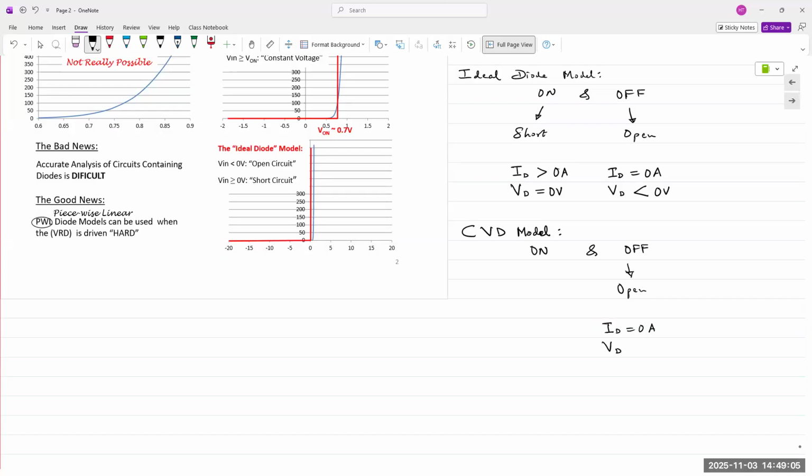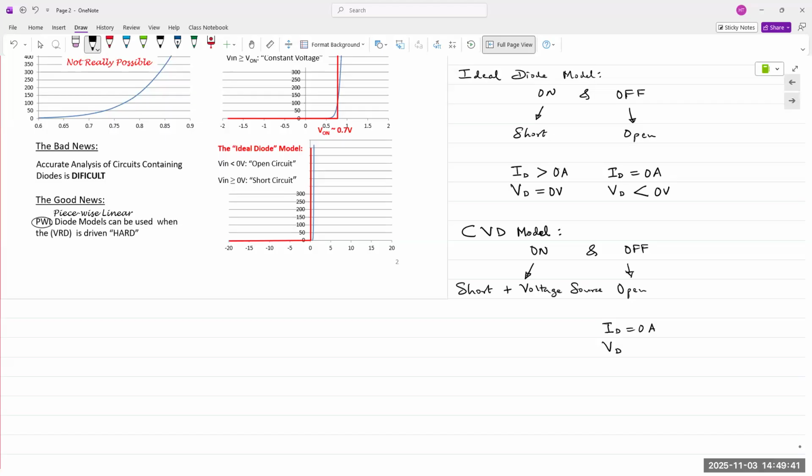However, in forward bias, it is modeled as a voltage source with a value equal to the diode turn-on voltage. So when it's on, it is replaced with a short plus a voltage source.